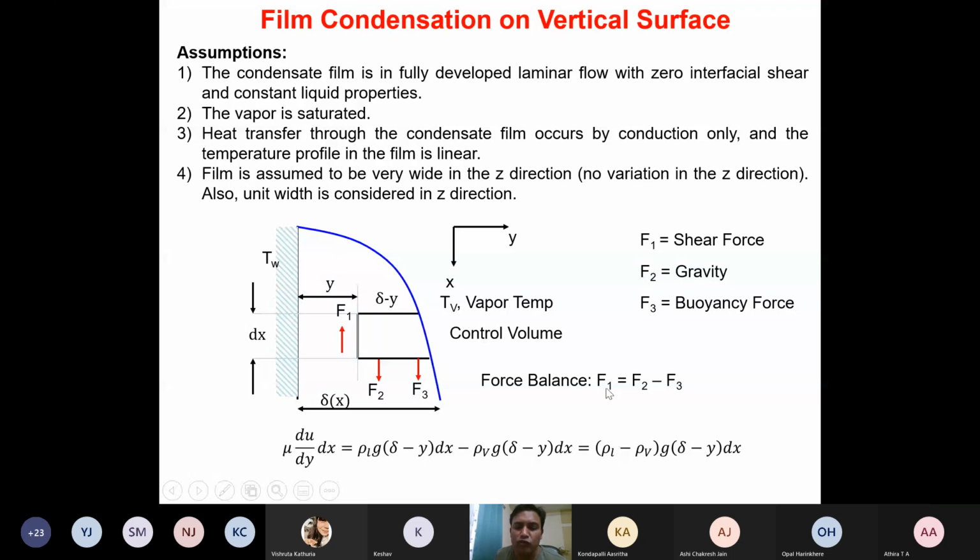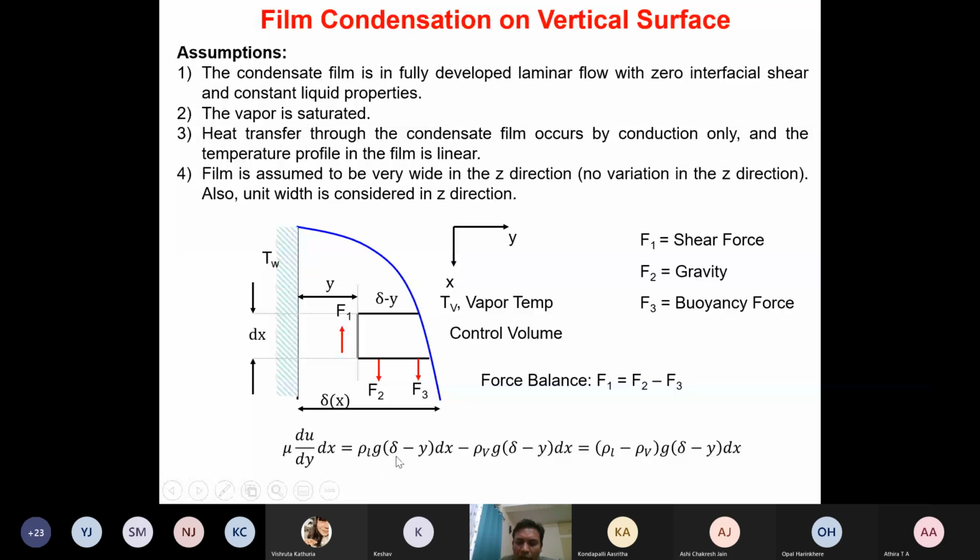The gravity force is rho L into g into (delta minus y) into dx, that is going to be the area, isn't it? And multiplied by the width in the z direction, since we are assuming the width in the z direction to be 1.